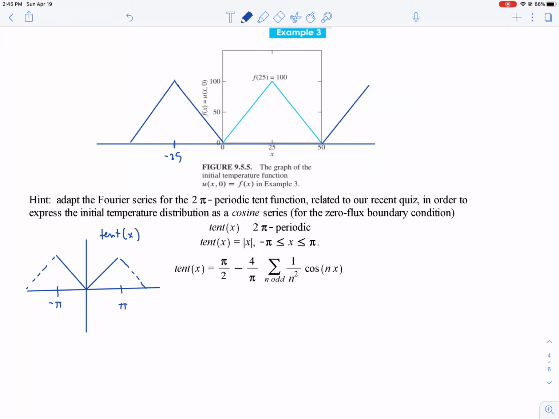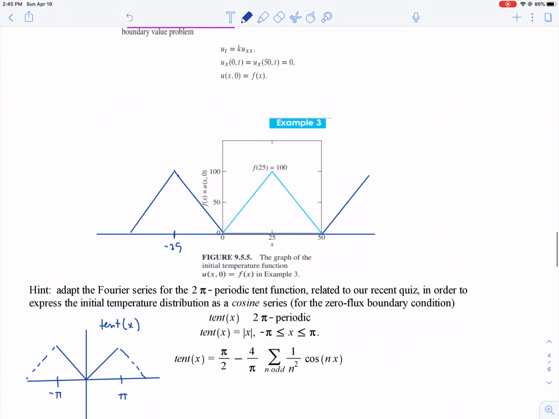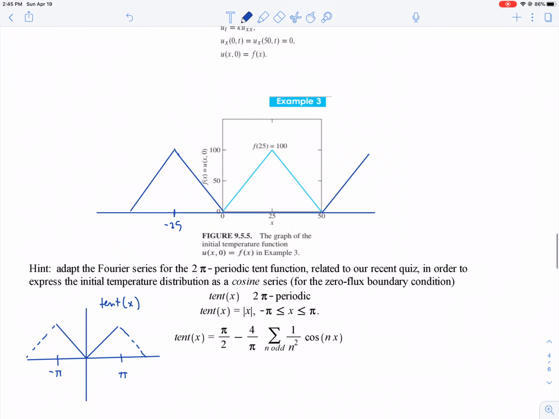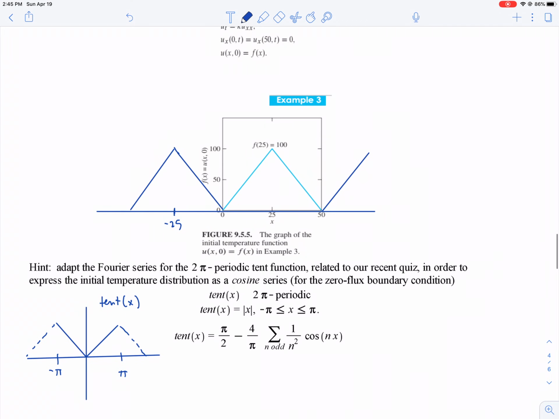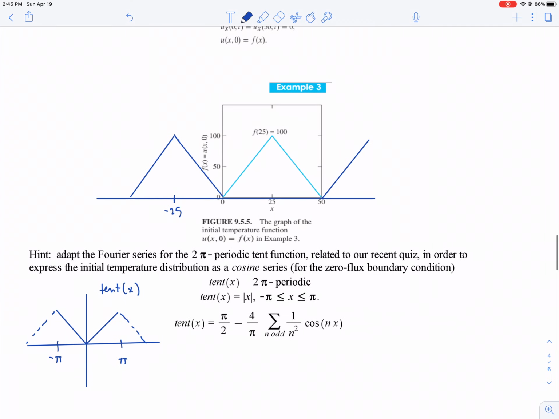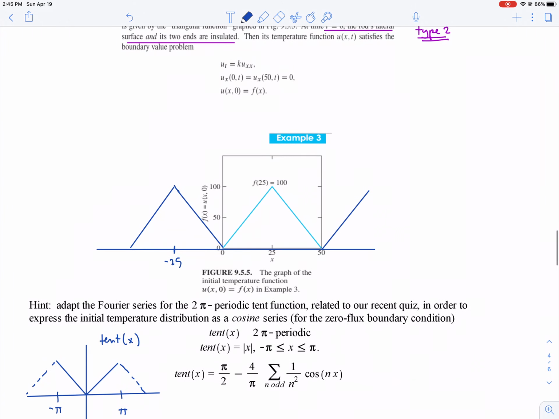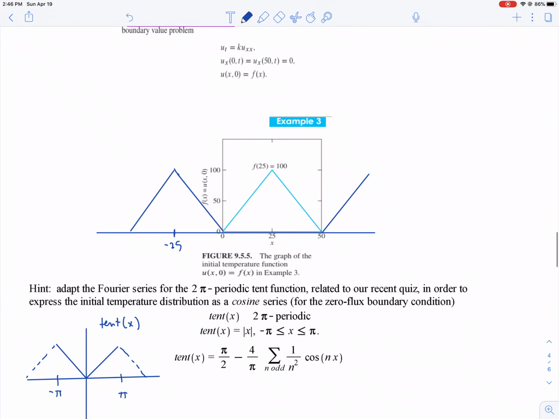Okay, so tent of x is the absolute value of x for x between minus pi and pi. Let's call this function here, they called it f of x. Okay, so we can do that.